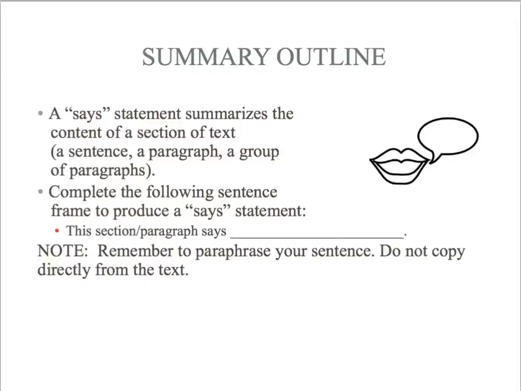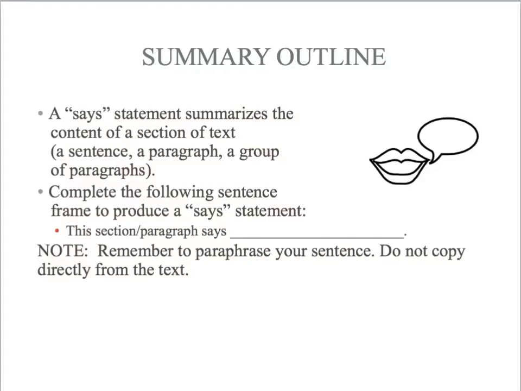Summary outline. A says statement summarizes the content of a section of text, and you can be looking at a sentence, a paragraph, or a group of paragraphs, or what we commonly refer to as chunks. And completing the following sentence frame will help you to produce a says statement. This section or paragraph or whatever it is that you're working with says blank.